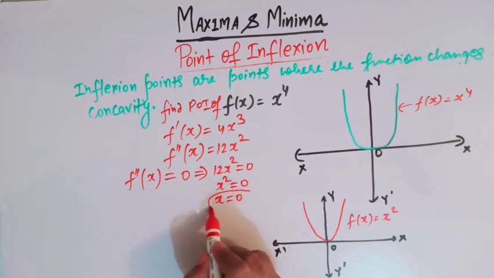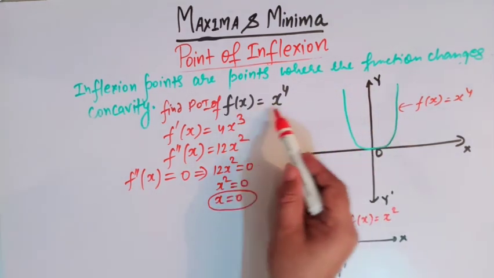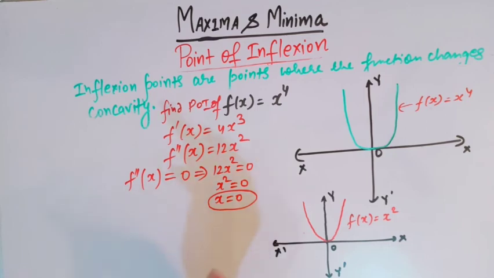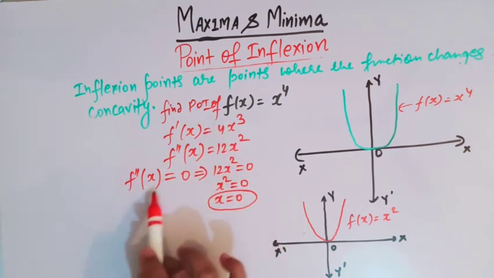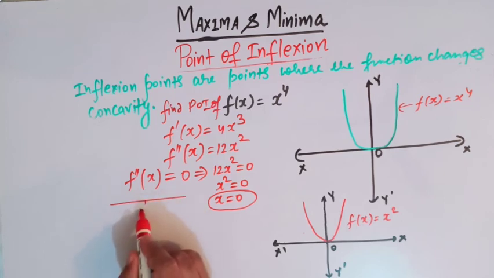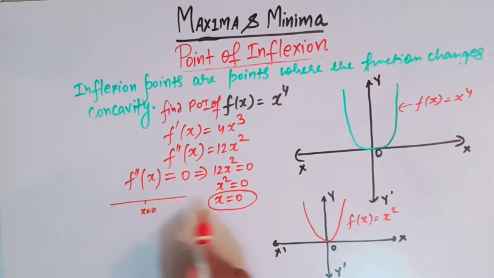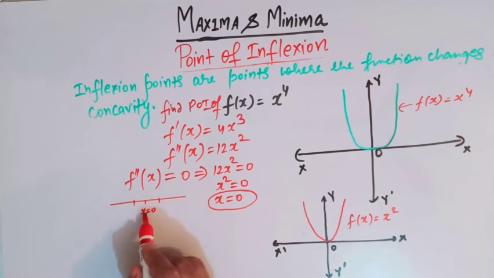Now let us see whether x equal to 0 is a point of inflection for this curve or not, right? For this we have to find the sign of this second derivative to the left of this point x equal to 0 and to the right of this point x equal to 0, right?